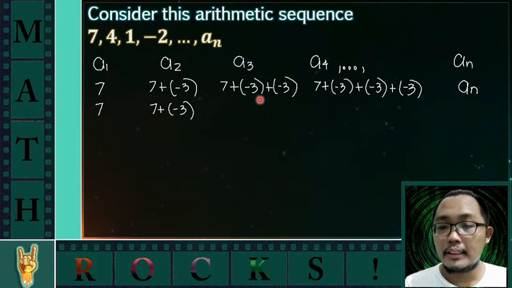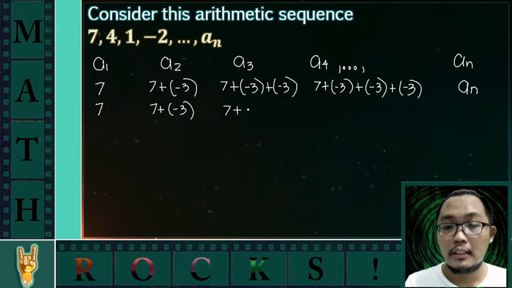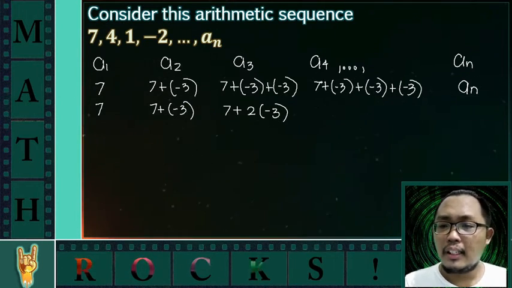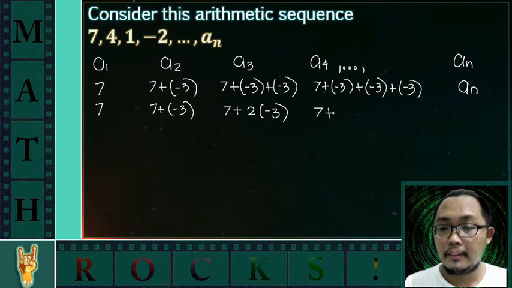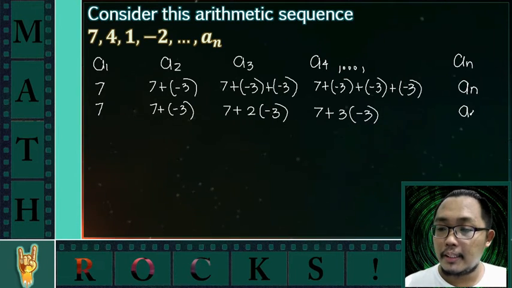So having 2 of these negative 3's may be written in multiplication as 2 times negative 3. For our fourth term, since we have 3 negative 3's, we may simplify it by writing 3 times negative 3. Again, this will just be expressed as a sub n.